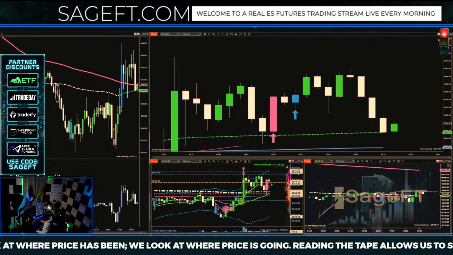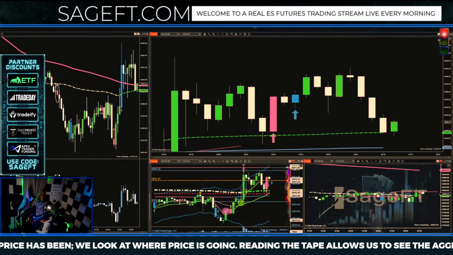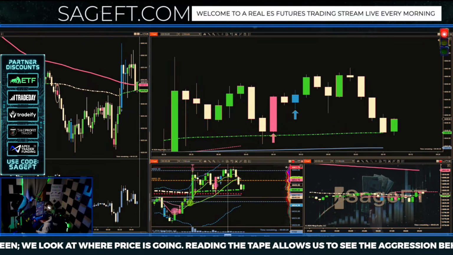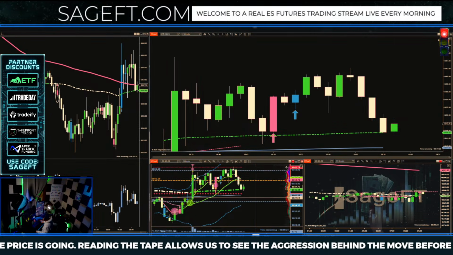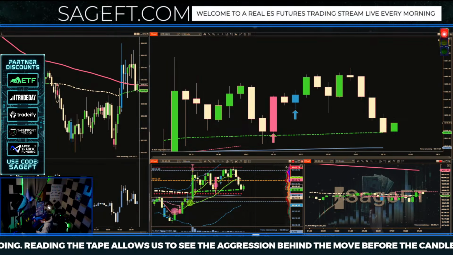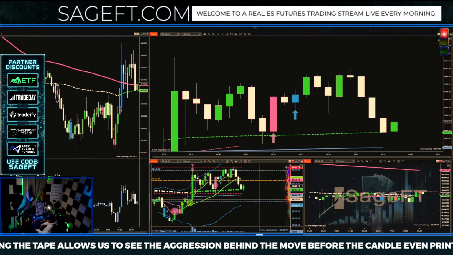Okay. It's still showing another touch at the VWAP. We've got 18 minutes till the opening bell. Anything can happen here on the open, right?